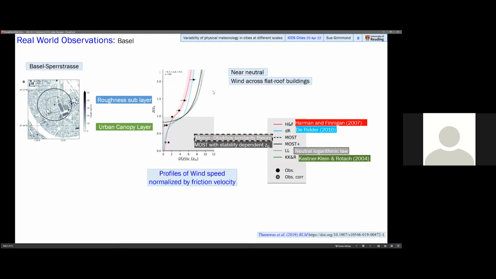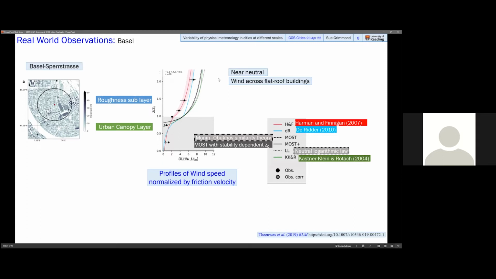And Kastner-Klein and Rotach's assumption, where they adjusted it, using wind tunnel observations, you can see that it works, takes the wind slightly lower below the canopy height, but still assumes it's zero, well above the mean height of the buildings.